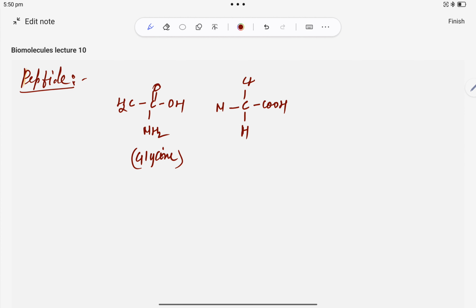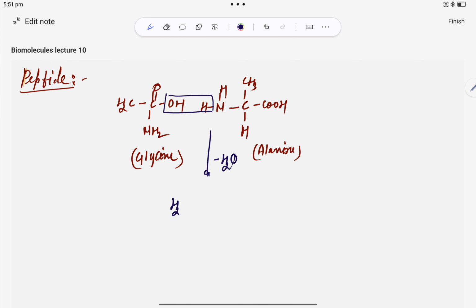With this C, CH3 is attached and here nitrogen with two hydrogens. Alanine. In that case, simply you have to remove water from here and a peptide bond will be formed.